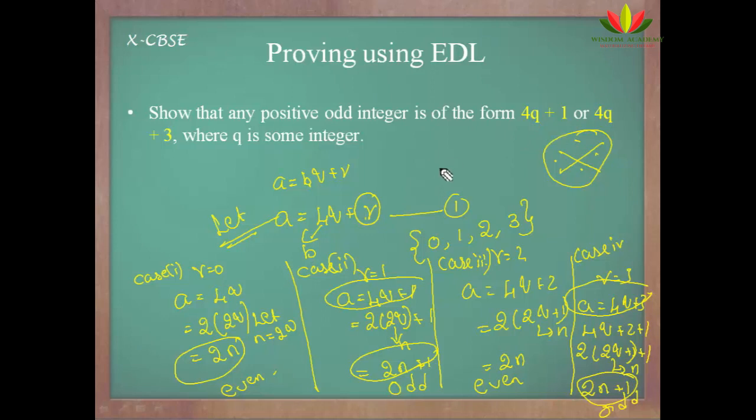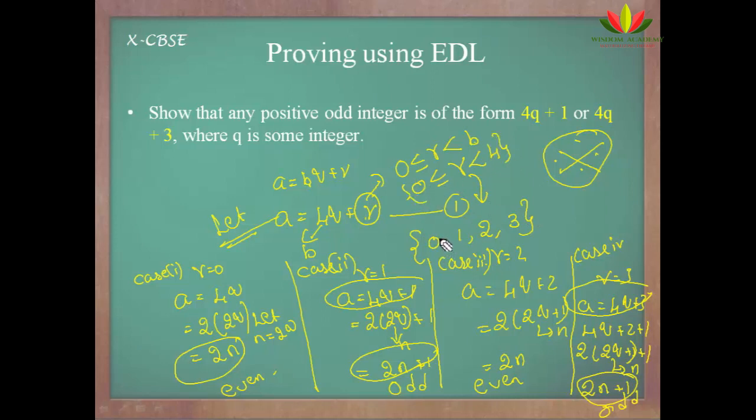According to the Euclid division lemma, we know that r will be greater than or equal to 0, but definitely less than b. Here in the place of b we have 4, so r should be greater than or equal to 0, but definitely less than 4. So the numbers we will get are 0, 1, 2, 3.